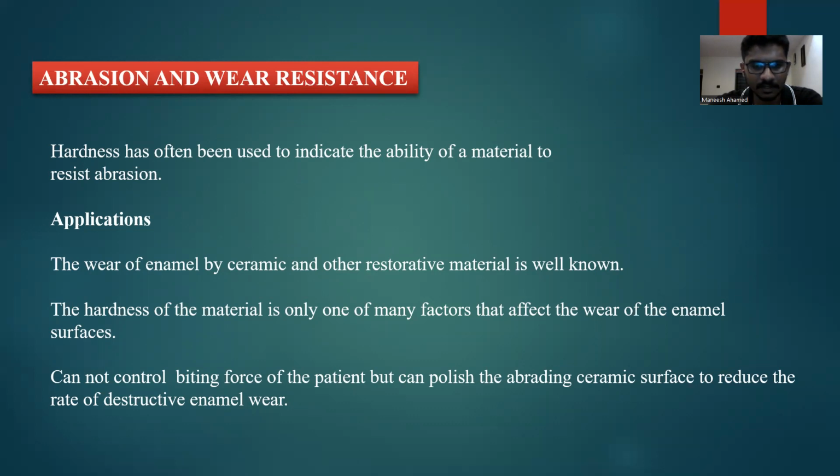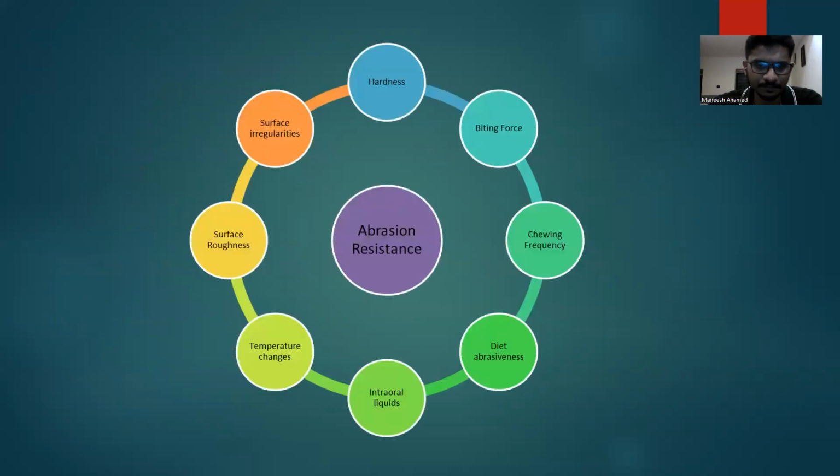You know that ceramic crowns are given to replace lost crown structure. So ceramic has better hardness, or is more abrasion resistant, than the enamel. So if we provide a ceramic crown over enamel, by the time the enamel will be worn by the ceramic. But what we will do to prevent this, we will polish the ceramic surface so that the effect of abrasion is reduced.